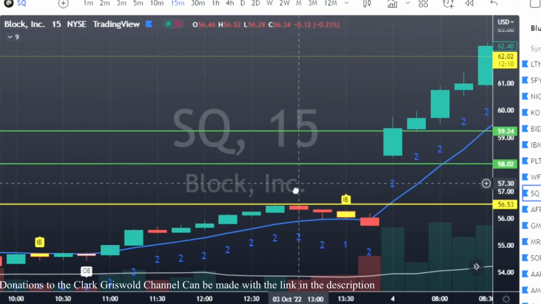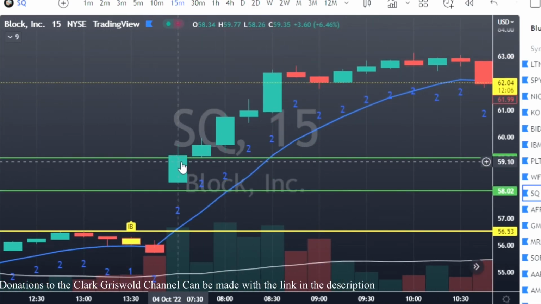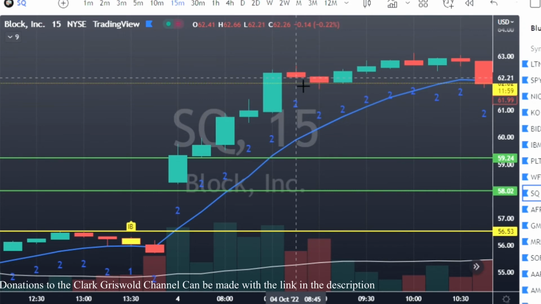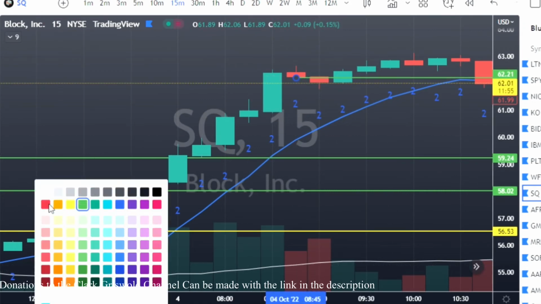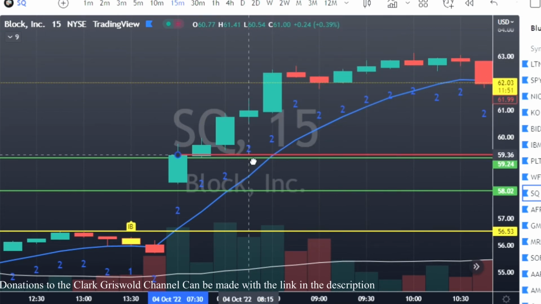Look at this. This thing was amazing. First 15-minute bar, we open and we're gone, gone, gone. This is where you guys should have had your stop loss, and I'll show you how that works. Again, we come through right there.